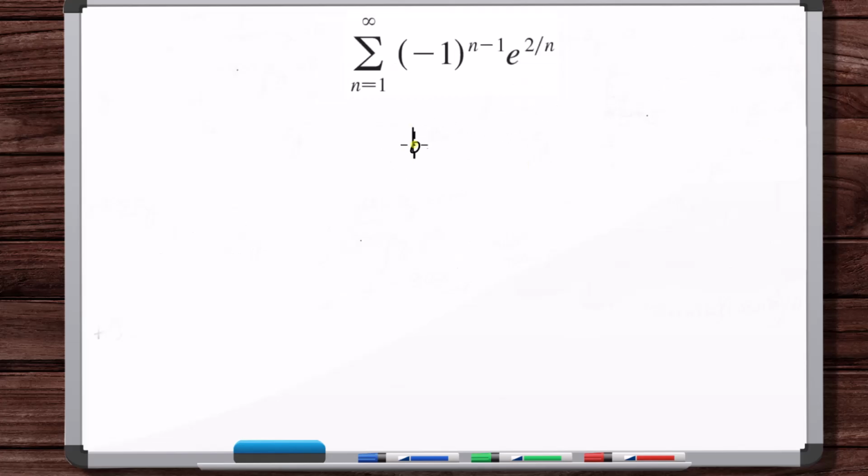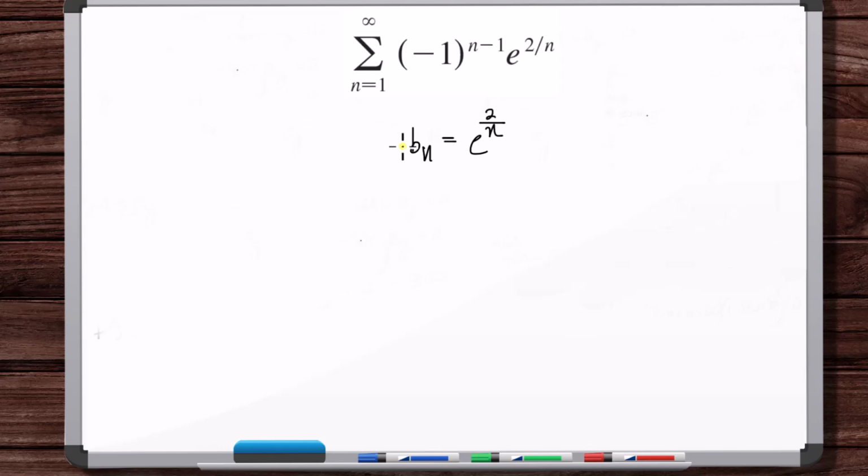Okay, the b sub n here is e to the 2 over n. Is this decreasing? Well, as n gets bigger, this gets smaller. So yes, it's decreasing. Because like e to the x, the derivative of e to the x is e to the x. So if we're thinking about x greater than 1, the derivative of e to the x is always positive, so this is monotonic increasing.